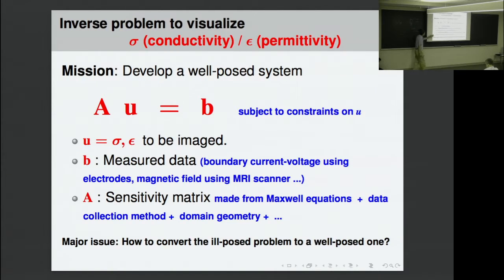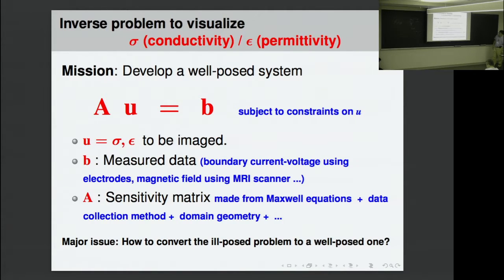But the interesting thing is that the sensitivity matrix mainly depends on the domain geometry and the data collection method instead of the Maxwell equation. The most important part is the boundary geometry and data collection system. People spent a lot of time over the last 40 years on this subject.